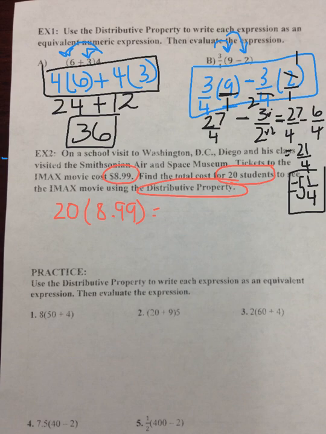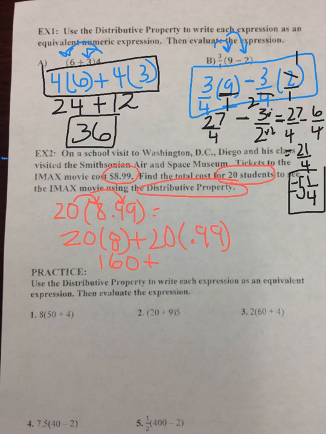So what I can do is I can distribute the 20 to the $8 and then the 20 to the 99 cents. So I'll do 20 times 8 plus 20 times 99. And then I can multiply those separately and then add them together to get my answer. So 20 times 8 is 160.